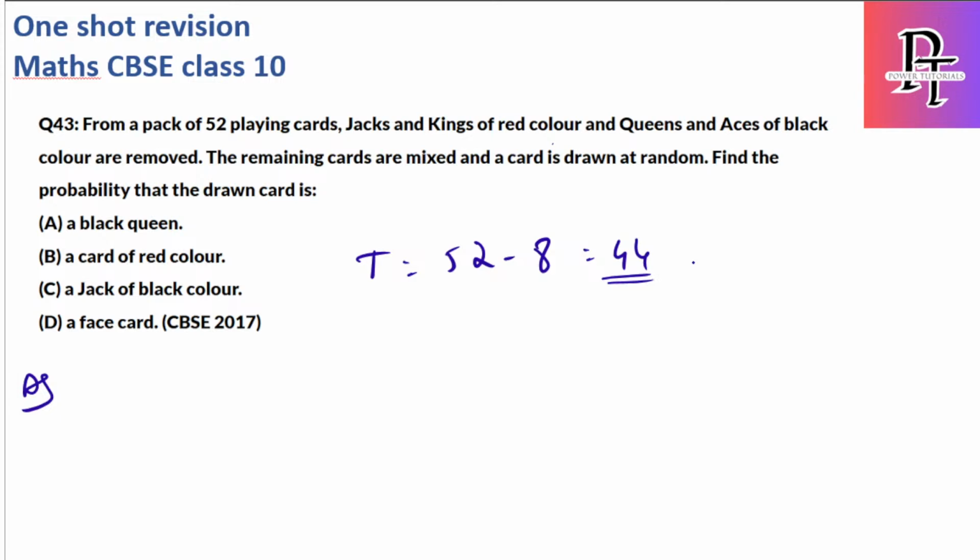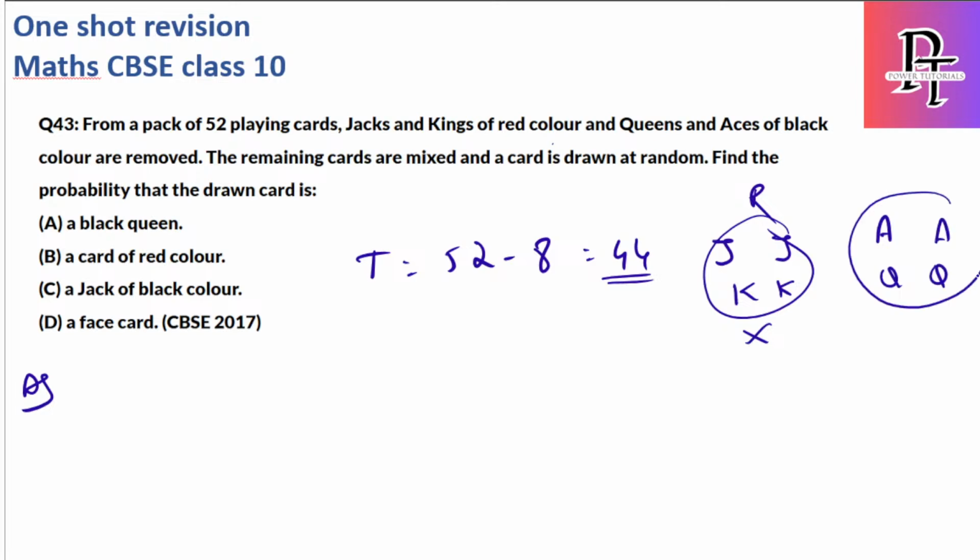Okay, and they clearly mentioned jacks and kings of red color are removed, and queens and aces of black color are removed.